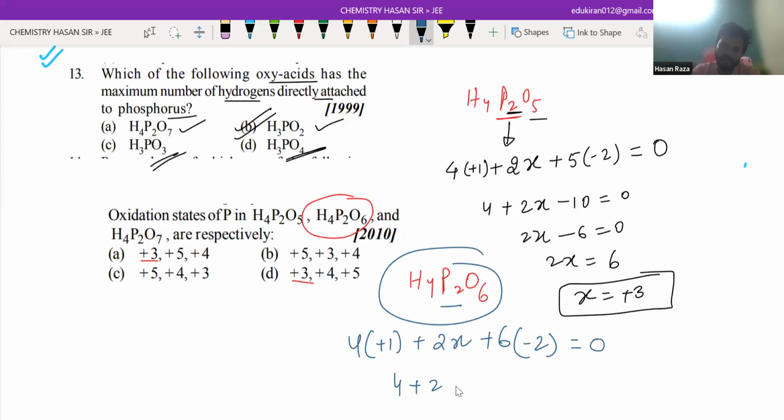Simplify it and you will get your answer. It will be 2X minus 8 equals 0, so 2X is 8 and X is plus 4. Now in the options, H4P2O6 is given as plus 5, so it is not correct. It is plus 4. You can easily calculate this. So the answer is option D.